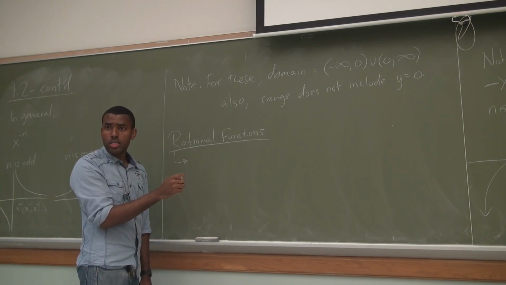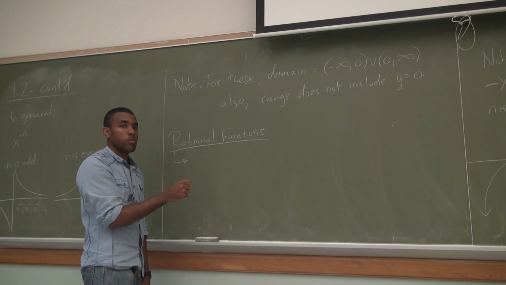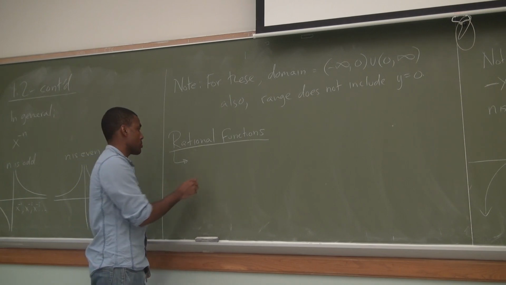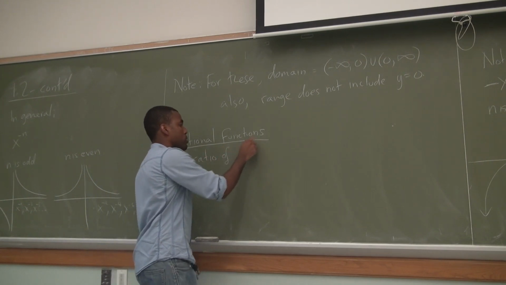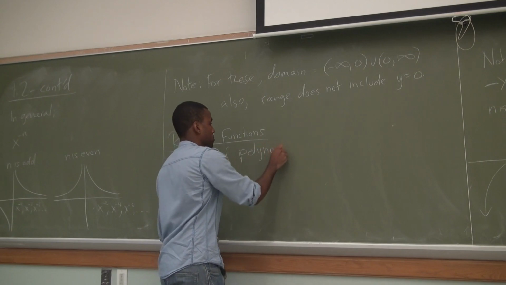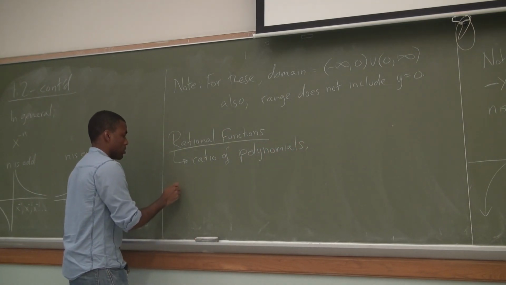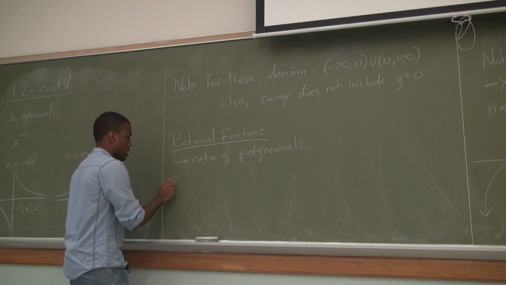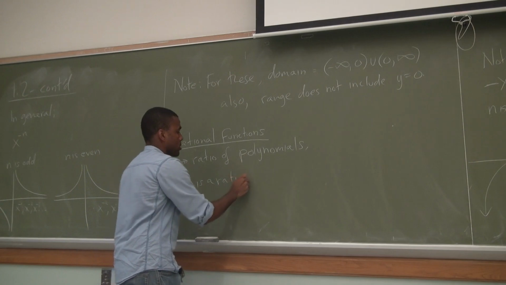1 over radical x? Negatives? That's not it. They have to be polynomials. So r of x is a rational function.